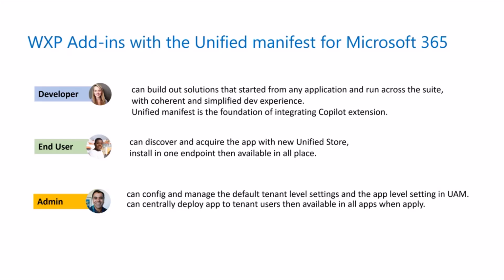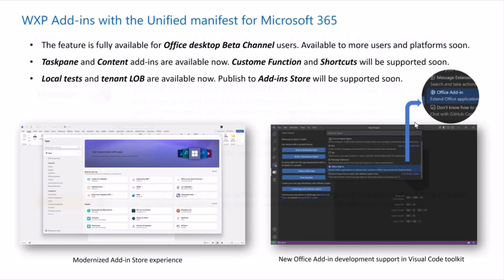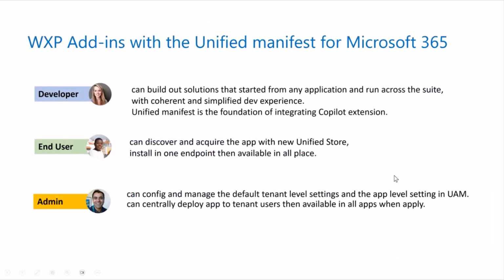Or you can extend your existing add-ins or apps to support more M365 apps to enrich the functionality and expand your customer base. Or you can simply convert your existing add-ins to apps with unified manifest with full functionality support.